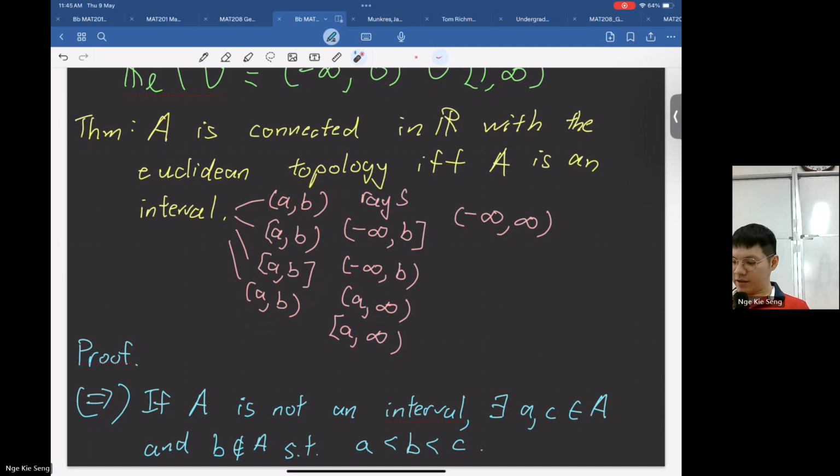So I would use this to build my separation now. This is really similar to how we show that the rationals are not connected.